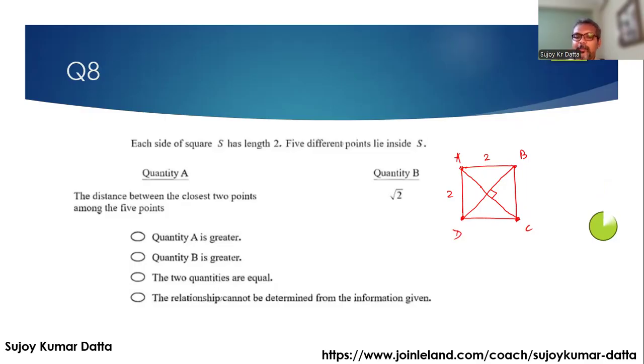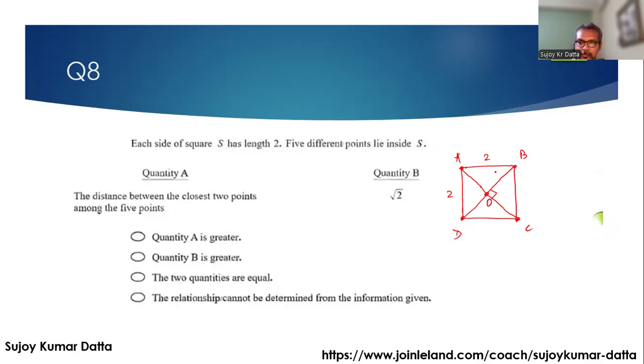So I want it to be equally distant from A and C. So that must be along this perpendicular line BD. And the point equally distant from B and D will be along the perpendicular line AC. So both of the perpendicular lines meet at this point O. So that would be the position of the fifth point, which is farthest from all of them.